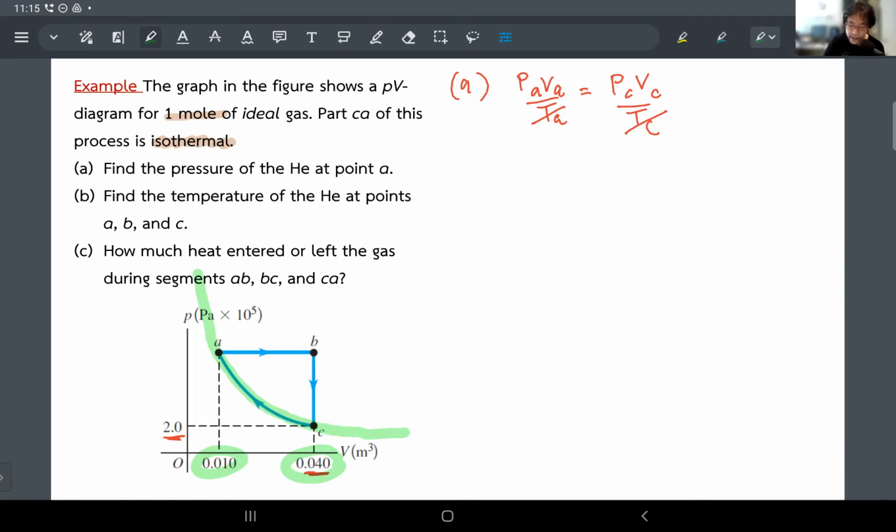You guys with me, yeah? So from this, that leads to P at A being 8 times 10 to the 5th Pascal. All right, or I can just draw it on here. It's supposed to be 8. Okay, good.